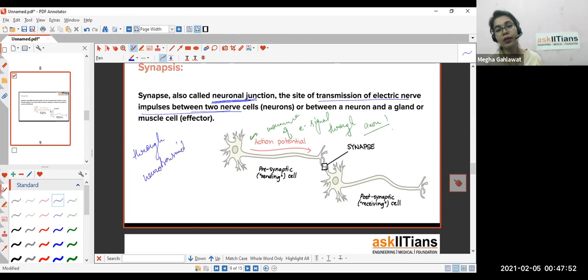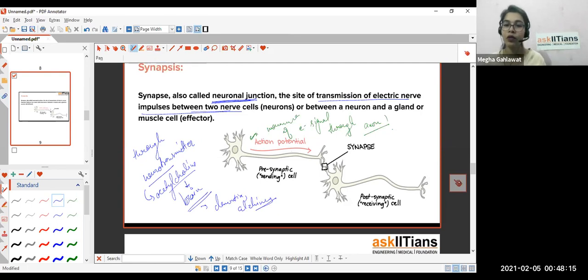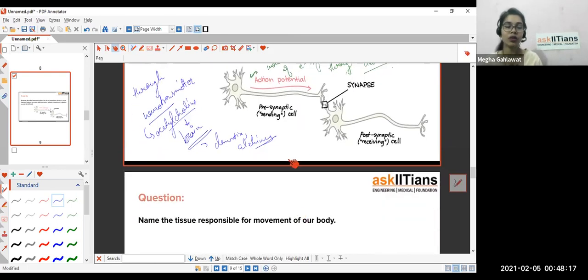It is the chemical which is helping, and the example is acetylcholine. This acetylcholine is mainly present in the brain, and those who don't have enough acetylcholine may suffer from diseases such as dementia, which is memory loss, or Alzheimer's, which is the degeneration of the brain. We'll be learning more about that in the actual live class.